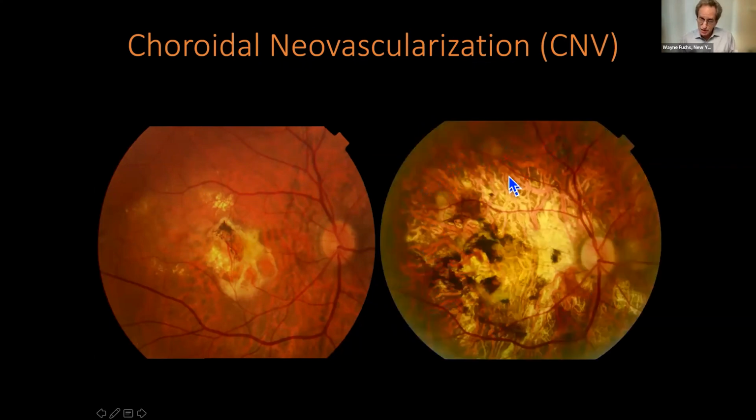This patient had already received 2 laser treatments in the past and had a central scar and presented wondering if additional therapy was indicated. Well, 15 years later, the scar was much larger, and perhaps he would have benefited from laser treatment, although it wasn't offered at the time due to the loss of central vision.